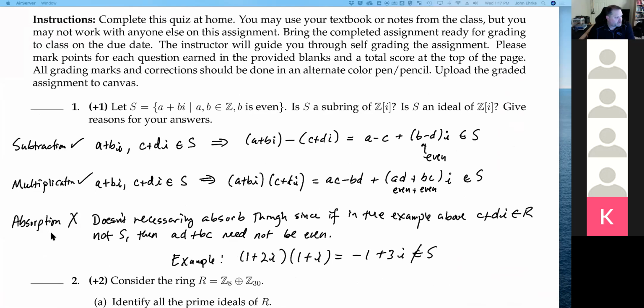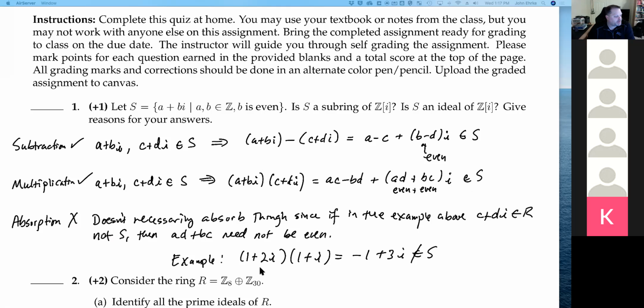However, it's not closed under absorption, because if you look here, when you do the product A times D, you need to know that's even. If you don't know, for example, that D is even, then A times D will be even, B times C will be even, because you know at least one of them is coming from there, but you don't know that both of them are. And so you can end up with some odd products.